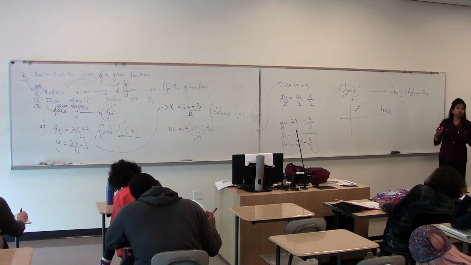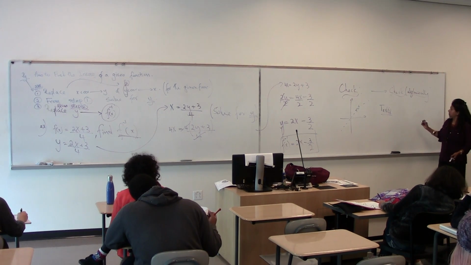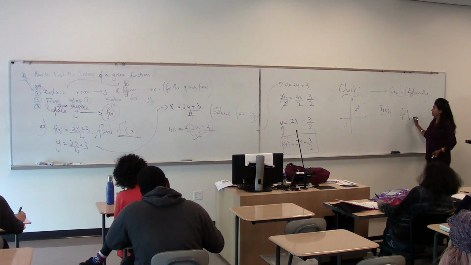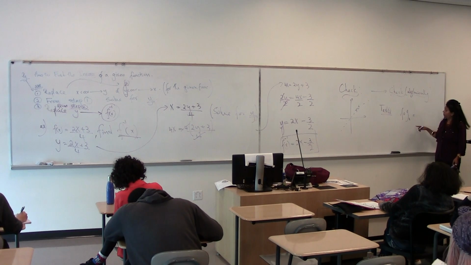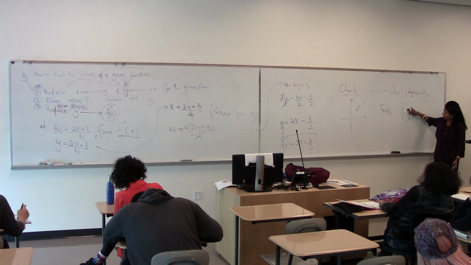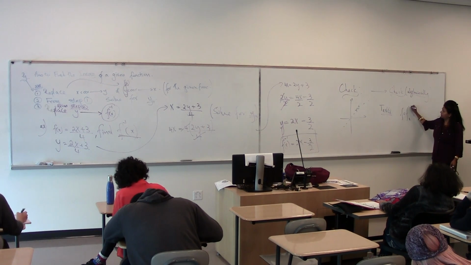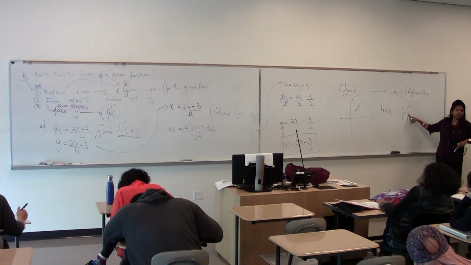Look at your notes. You know what to do. You have the notes: F composition G of x. We are going to work with this. Now here, our G is what? We are going to take our G as F inverse of x. G is F inverse.